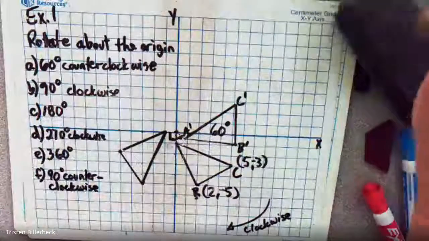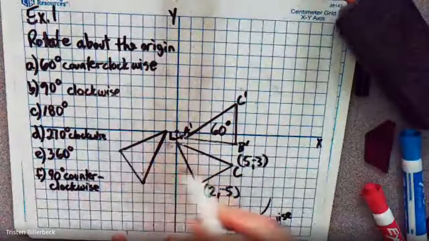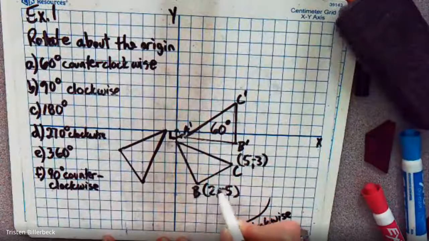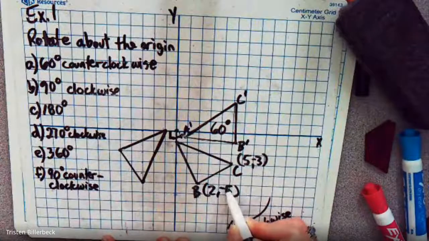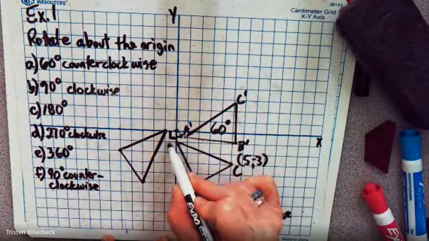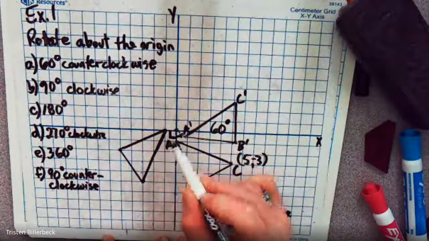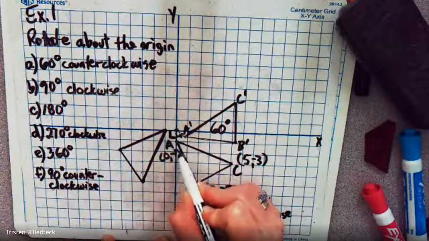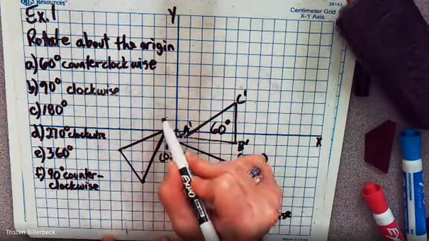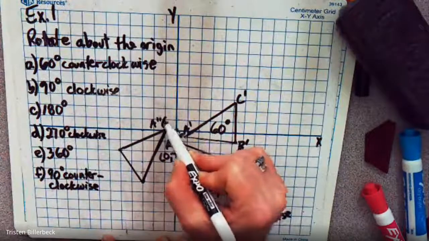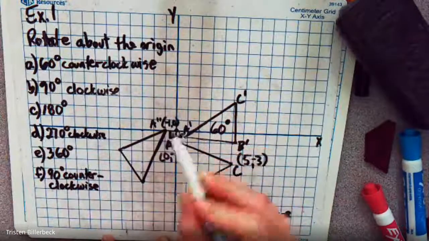Okay, this is where the points start getting really interesting, the coordinate points. So let's look at the coordinate points carefully here. If this is A, and A was at 0, -1, look at where A double prime ended up. It's at -1, 0.